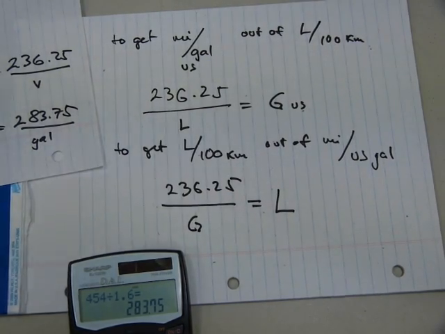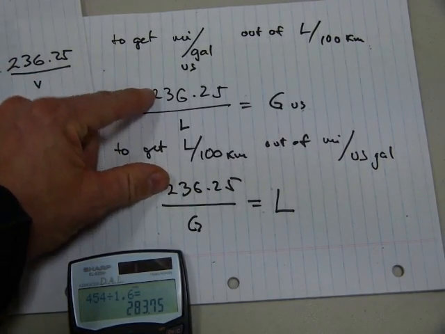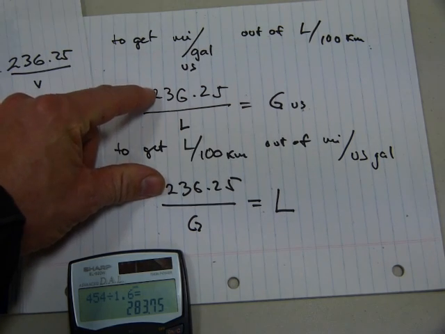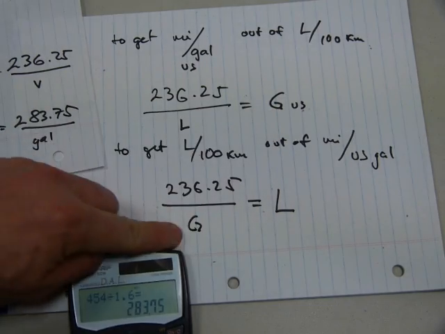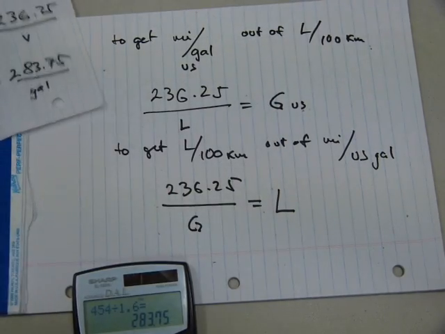So I hope that makes sense, that there's only one number to memorize for the US gallon calculations, and you either have the liters here and you get gallons out of it, or you have the gallons here and you get liters out of it.